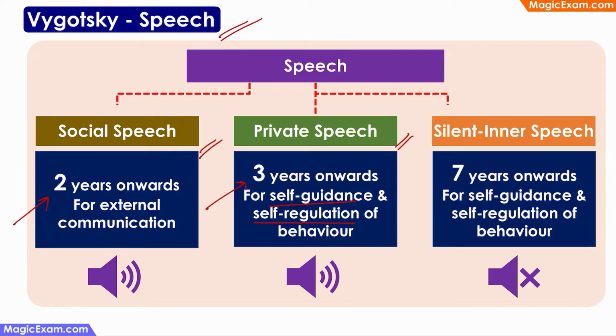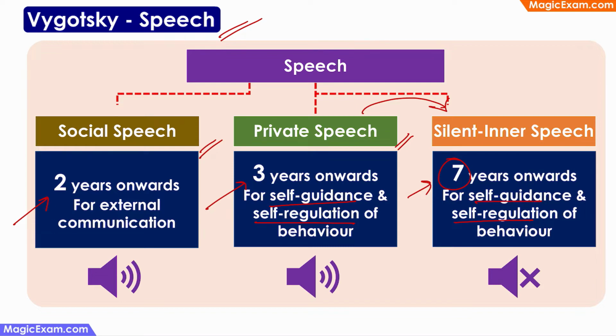Now, private speech becomes silent inner speech from the age of 7 onwards. Because from the age of 7, the child is grown up and has become more self-conscious, and the child doesn't want others to hear his or her thoughts. Therefore, the child is still using private speech and still using it for self-guidance and self-regulation.